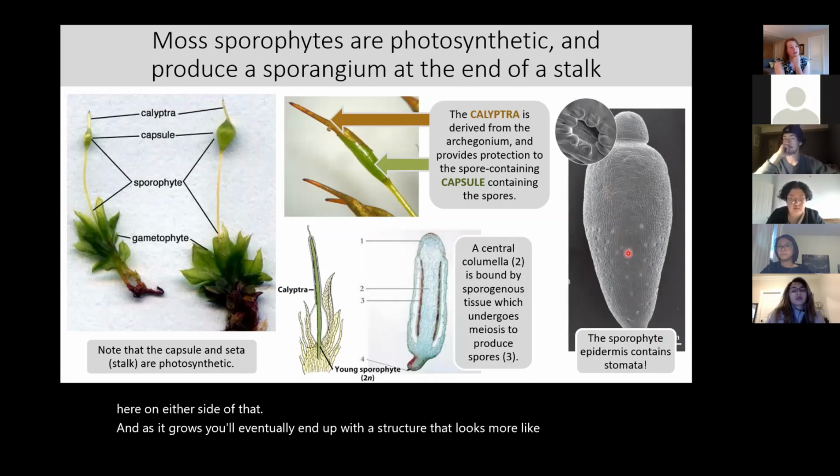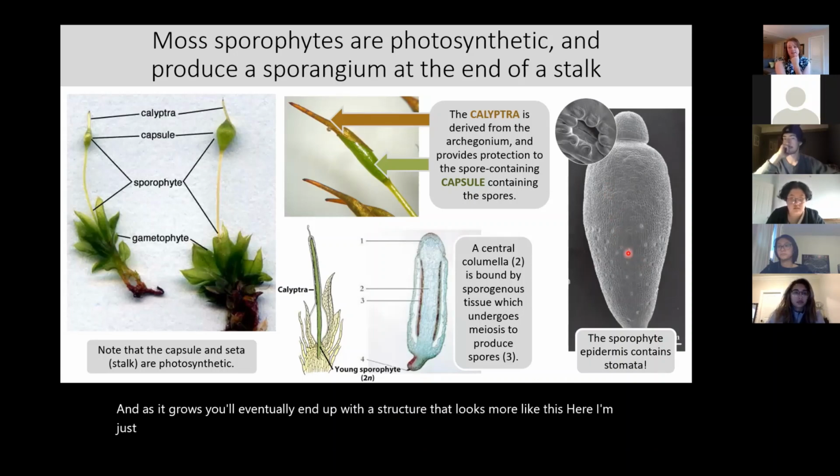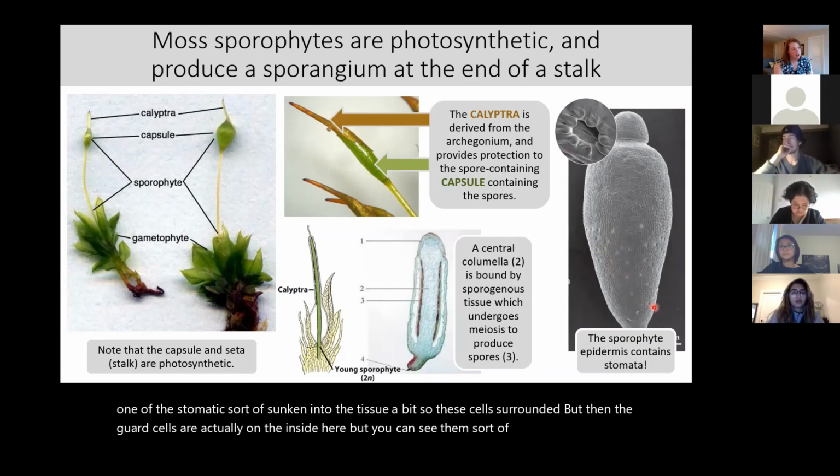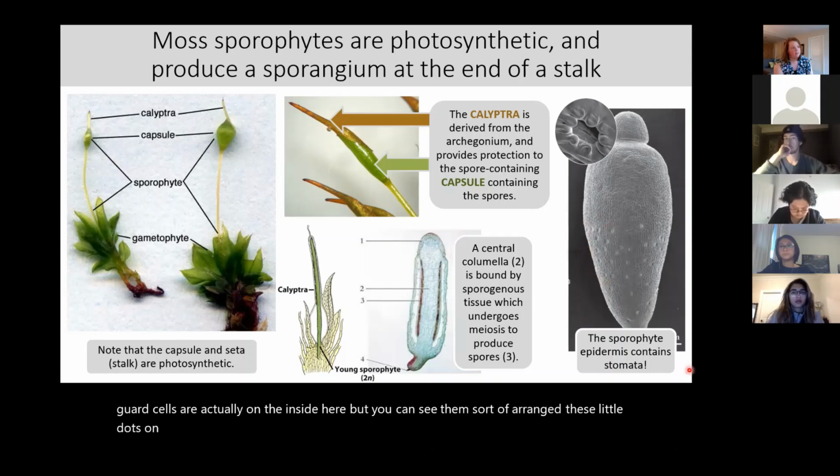Here, I'm just showing the stomata, because like the hornworts, the mosses have stomata. This is a zoom in of one of the stomata. It's sunken into the tissue a bit. So these cells surround it, but the guard cells are actually on the inside here. You can see these little dots on the surface of the capsule are a whole bunch of stomata and guard cells.